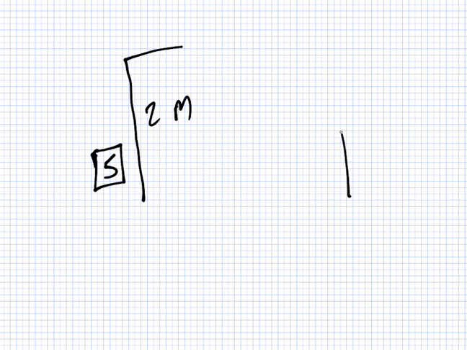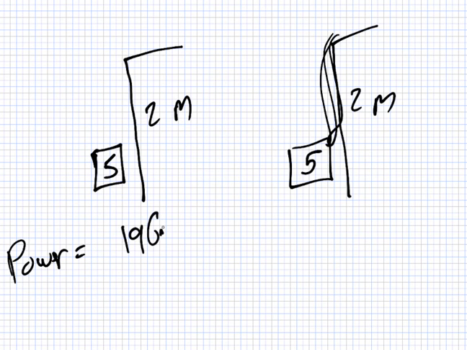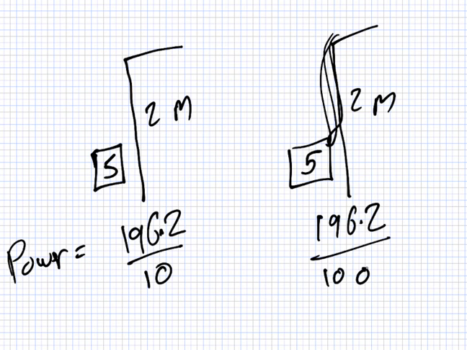And then the ant does the same thing, but the ant does it piece by piece, so it's much slower, but it's still 5 kilograms. So let's get the power. For the man, it will be 196.2 divided by 10. And for the ant, it would be 196.2 divided by 100,000. So you see how different they are.